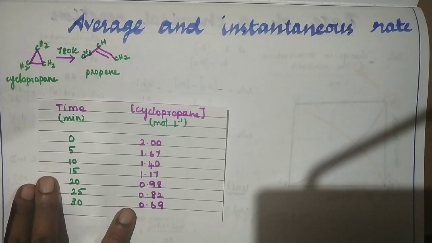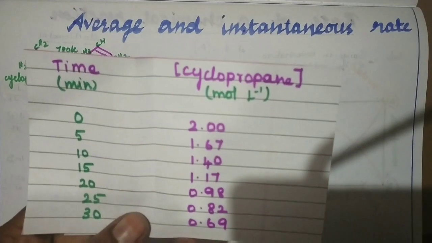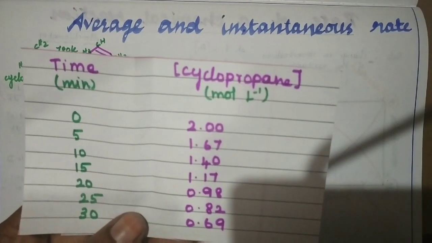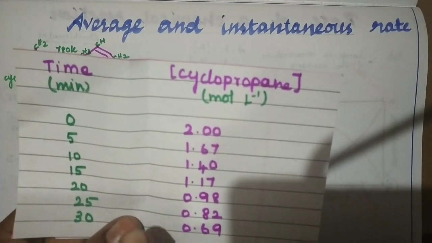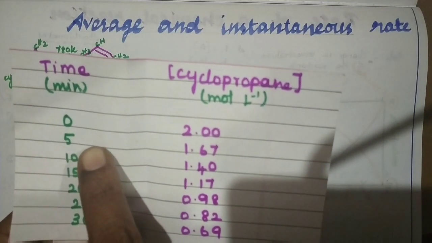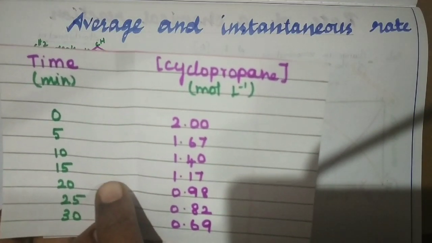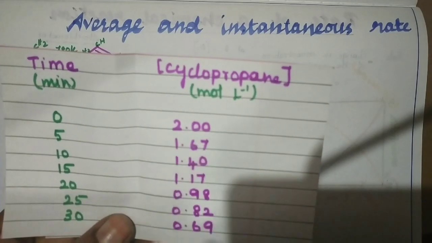At time 20, 0.98. Then at time 25, it goes to 0.82. At time 30, it becomes 0.69. Here we find that the time increases and the concentration decreases.